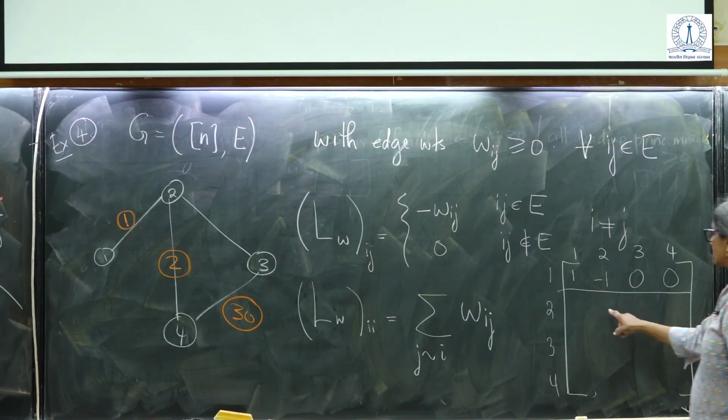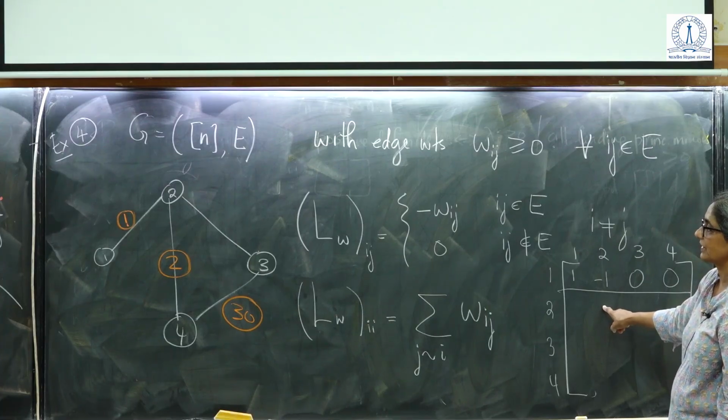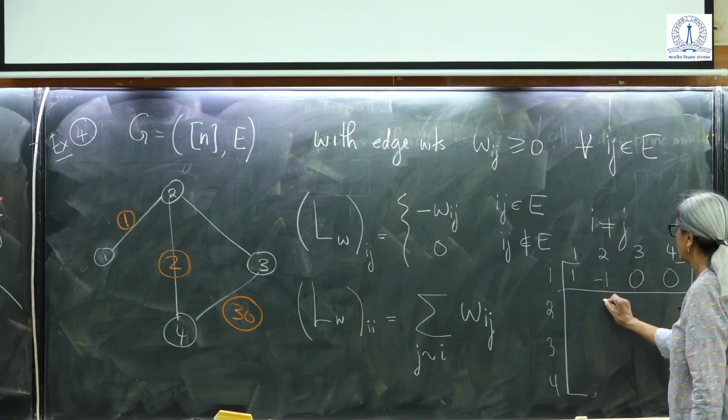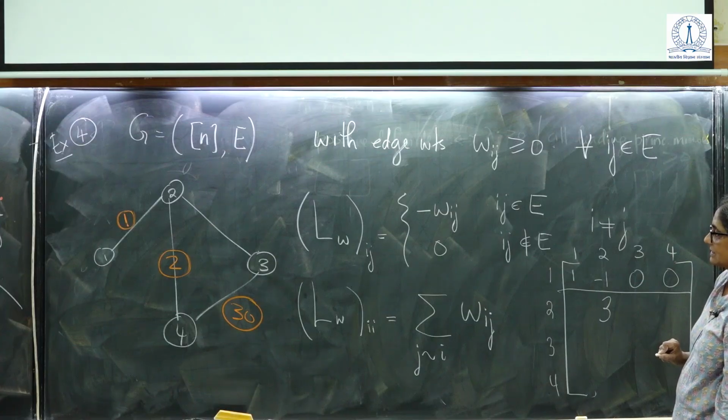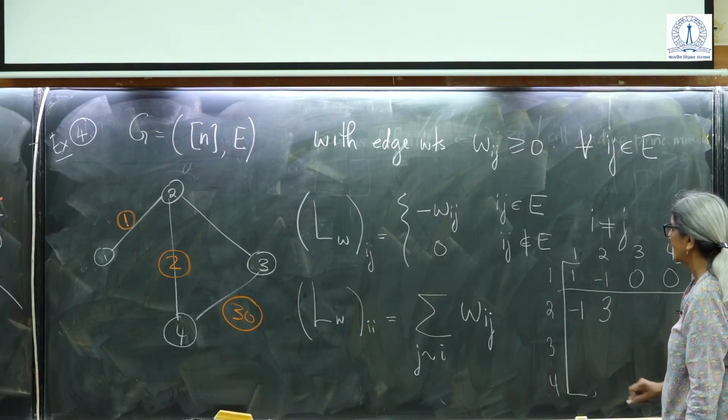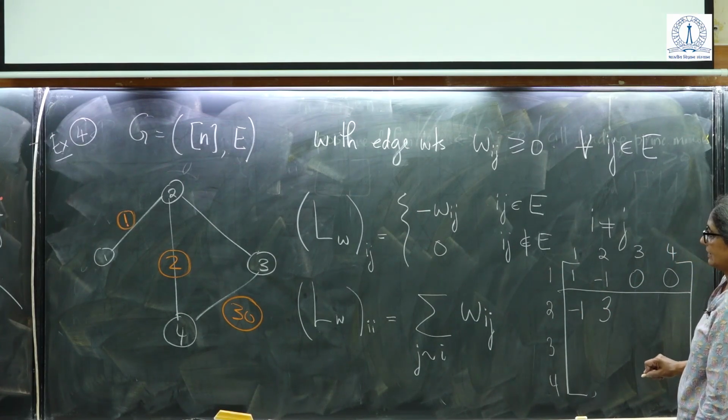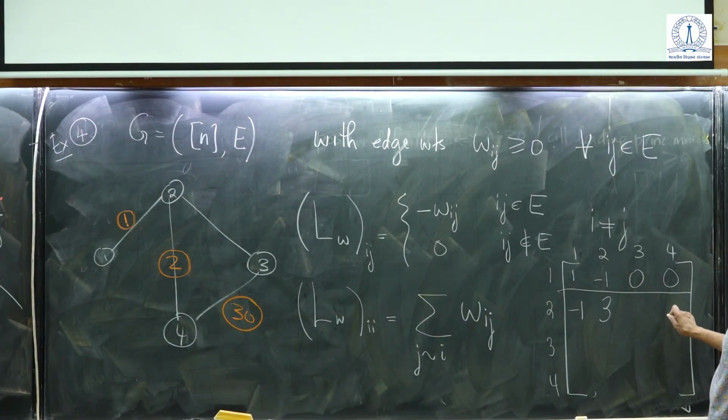What comes in this position? Sum of the weights of everything connected to 2. This should be 3. And then it's distributed as a -1 on the 1. And between 2 and 3, that is 0.